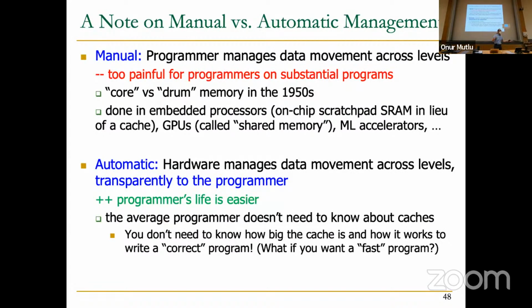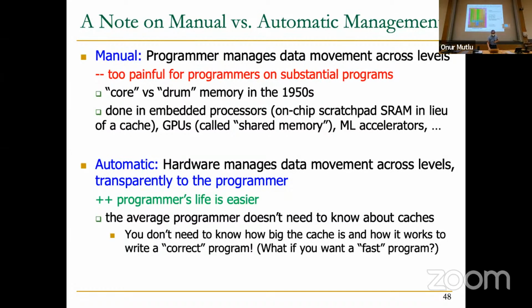You don't need to know how big your cache is, how it's structured, etc., to write a correct program. But if you really want to write a fast program, then you may need to know a little bit about your caches so that you can restructure your access patterns in your program. We're going to talk about that in the next lecture a little bit. But at the software level, you can do a lot of optimization to restructure your access patterns such that you can take advantage of these different memory hierarchy levels.